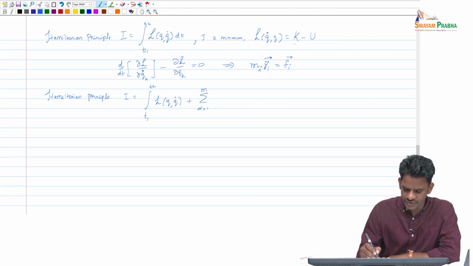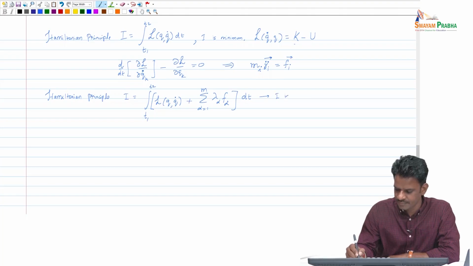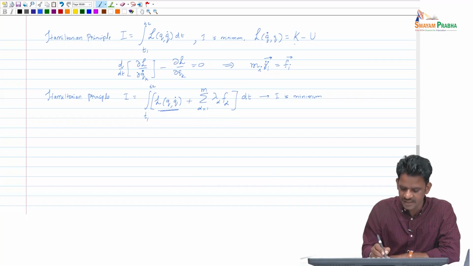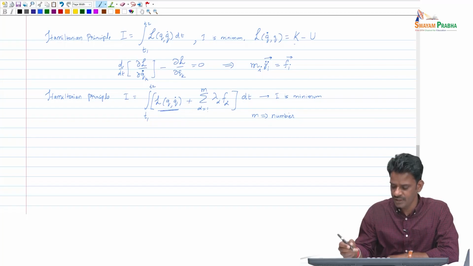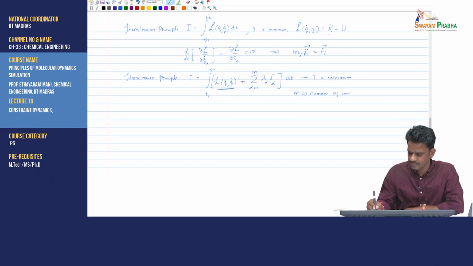Let us say there are m number of constraints, and then you multiply this with a factor of lambda times f alpha. So, now we say that this particular quantity is minimum. Now, this is the same as the Lagrangian like we discussed before. So, here this alpha is an index that goes from 1 to m, and m is the number of constraints. You may have one or many constraints.